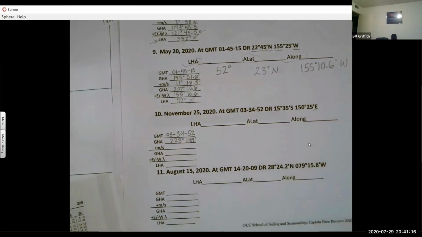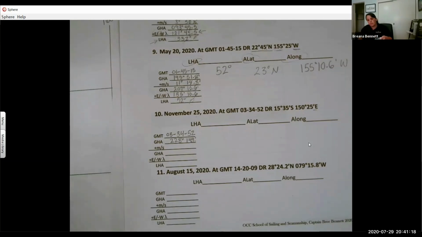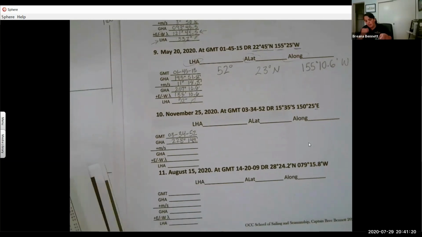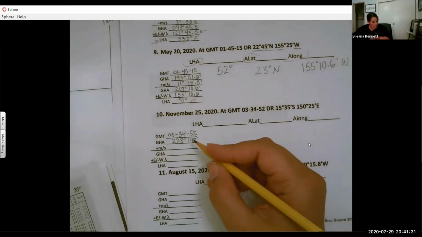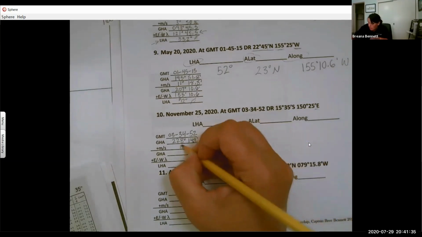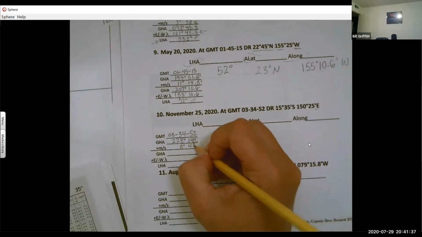And then we have to go to our minutes and seconds table to get 34 minutes 52 seconds, which gives us 8 degrees 43.0.